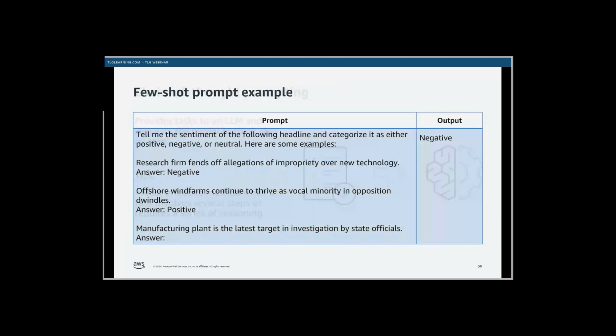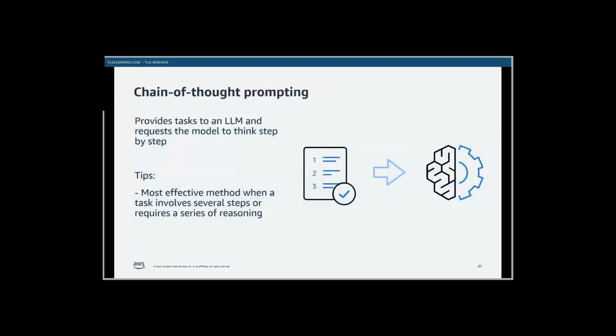Another prompting technique is chain of thought prompting. You see this written or represented sometimes as COT. This is a technique you might need to use if you have a more complex multi-step task. You may need to break that up into multiple prompts, perhaps, or you could try this chain of thought prompting approach where you literally tell the AI to think step by step, think through the process step by step.